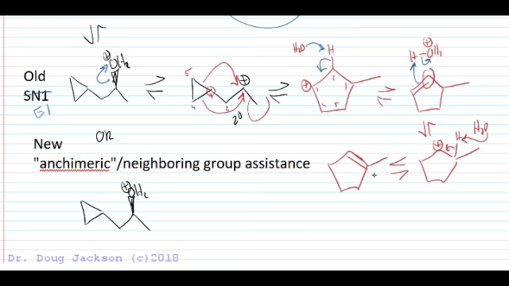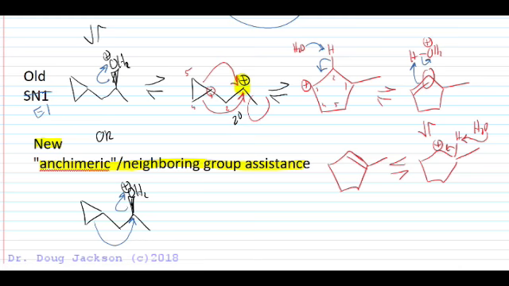Now, if we were going by the old or the new way of thinking, we would avoid the secondary carbocation initially, this one, and invoke instead neighboring group assistance. So we would do everything in one step. As this bond gets longer and starts to polarize, this cyclopropane will nudge around, get close enough, and then assist the leaving group leaving.